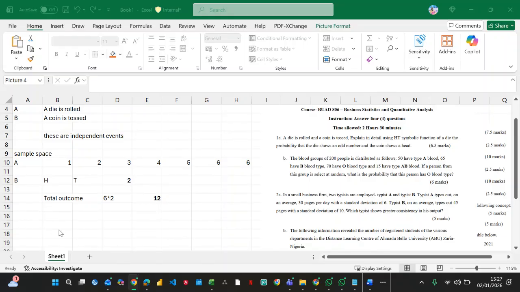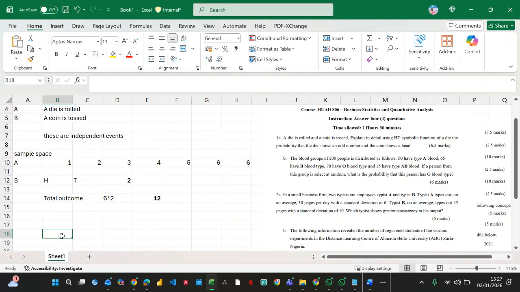So now, what is the probability that the die will show an odd number? It's three. That's one, two, three. There are three chances that you have odd numbers when you roll a die: three, five, and one. These are odd numbers.